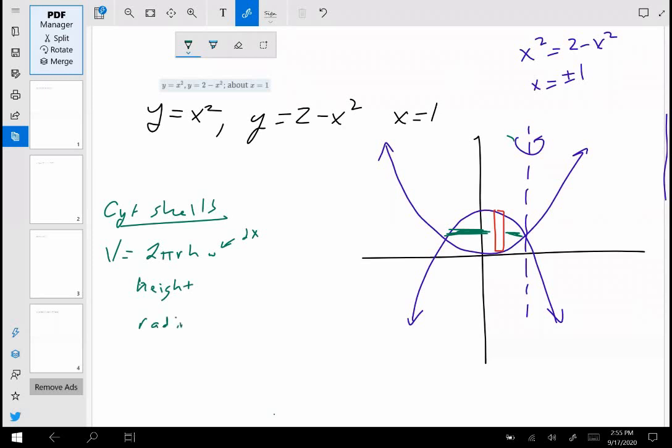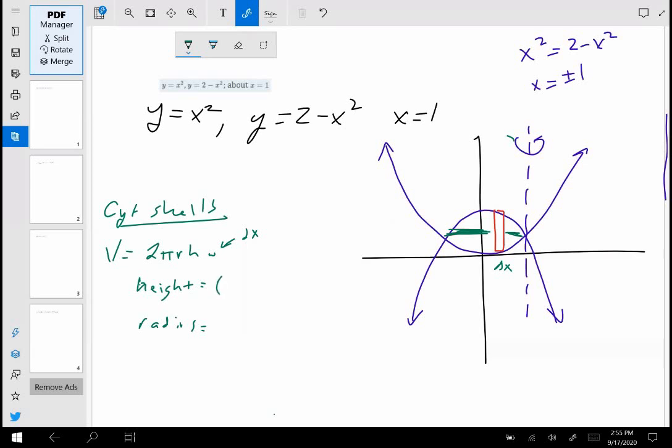So the two things I need to know are the height and the radius, right? So what's the height? The height goes between the top function and the bottom one. Now we want these in terms of x, because our little bottom here is the delta x. So remember that it's the narrow side that always tells you what variable you need to integrate with respect to.